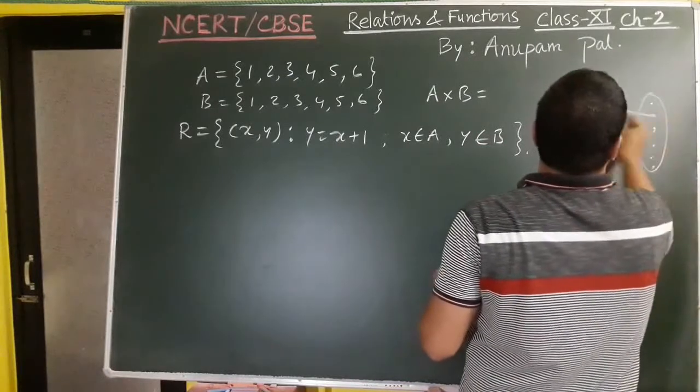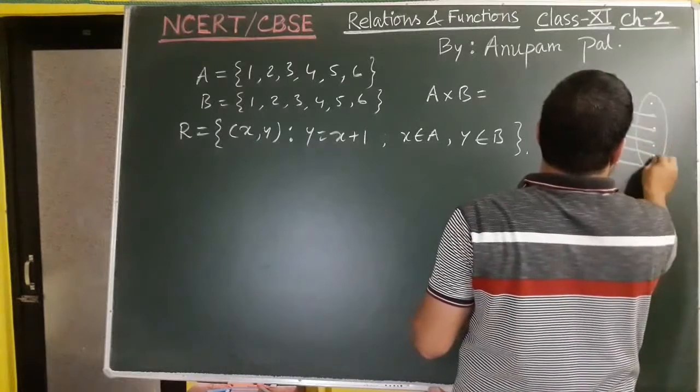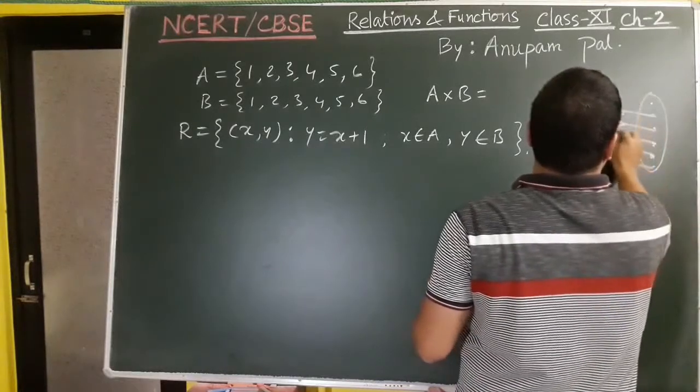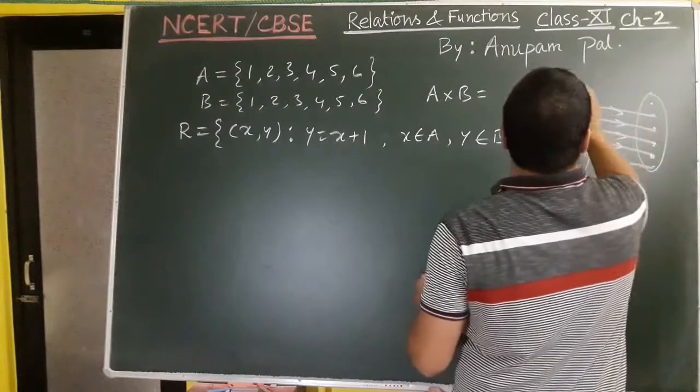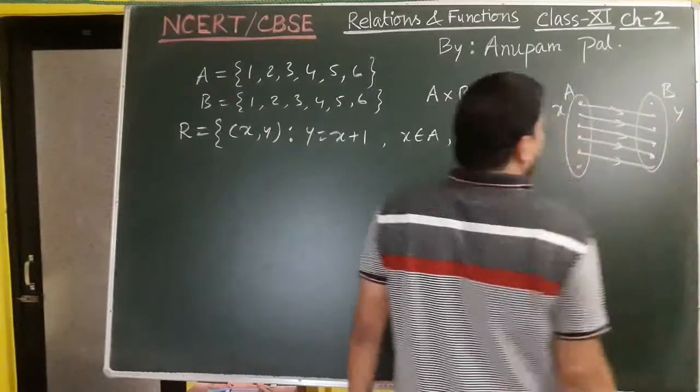The arrow diagram was like this. This is set A, this is set B. X will be taken from here, Y will be taken from here.